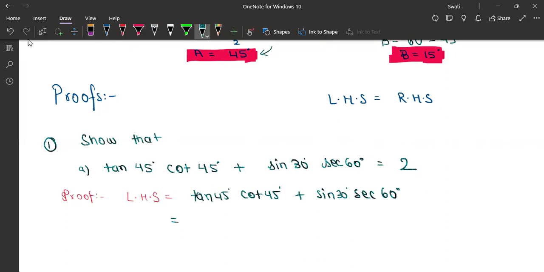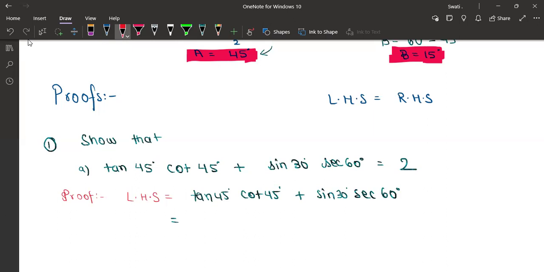So it's better if you open yours, because there will be more questions, right? Okay, you have it. Yes, tell me. Tan 45 degrees from the formula sheet.